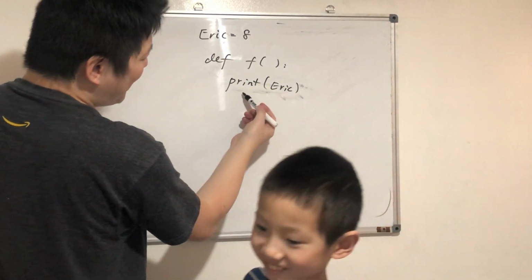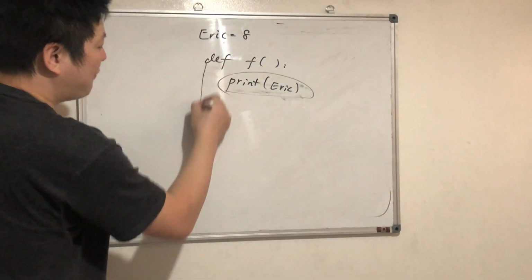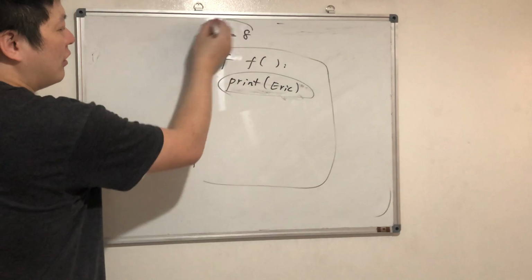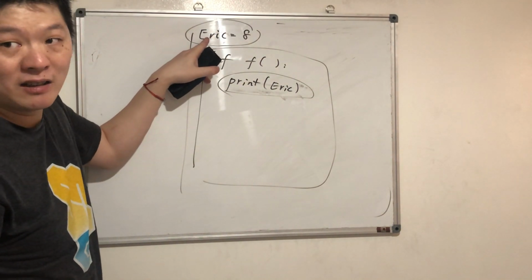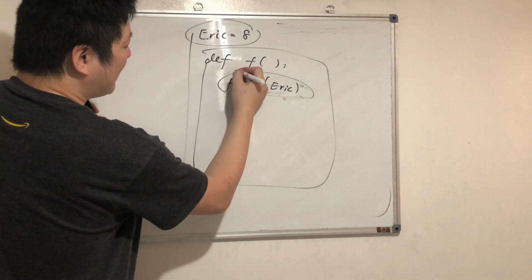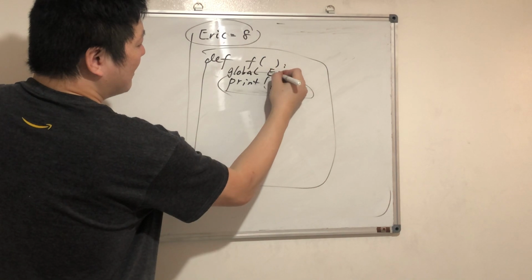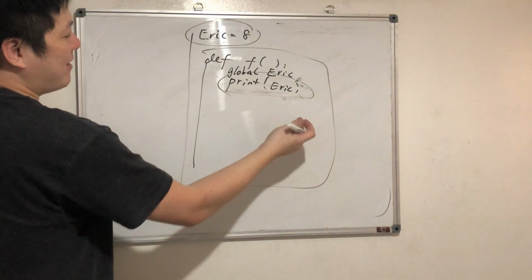Look, this is not going to work. Why is that? Because this function is in a scope different than this. But in order to use Eric here, I need to add the keyword global Eric. That means I want to use Eric, and then print Eric. Eric will be 8.